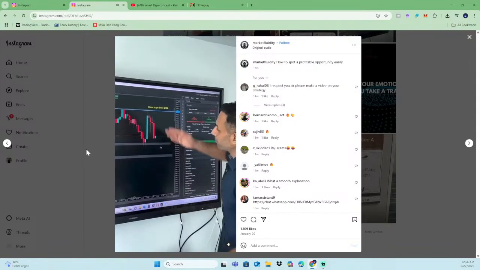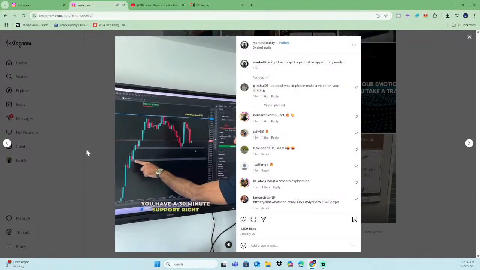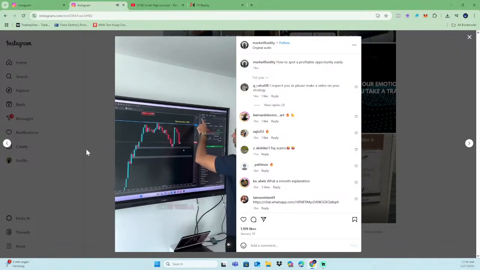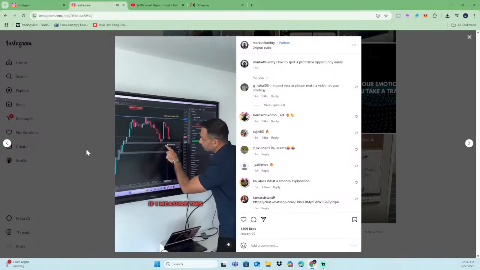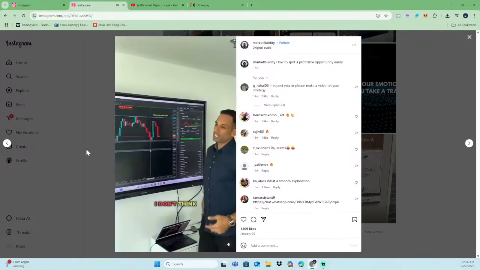Now, for example, let's say price has already moved down, no problem. Now, you have a 30-minute support, and you have a 30-minute support right down over here. Now you have to identify, okay, is this a valid sell? If I measure this range, this is a 29, 30 pip range. I don't think it's a good idea.